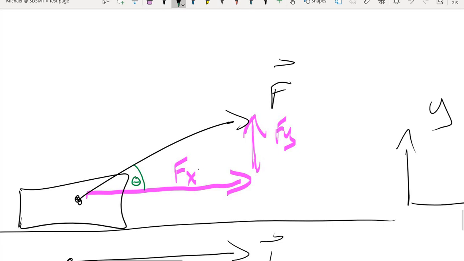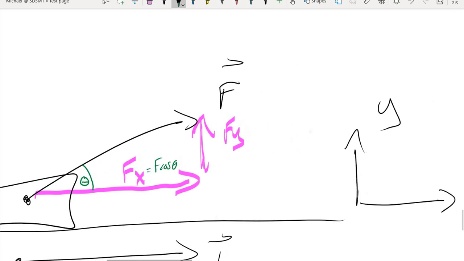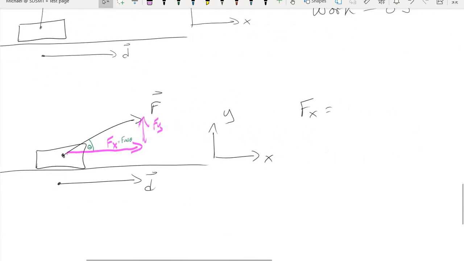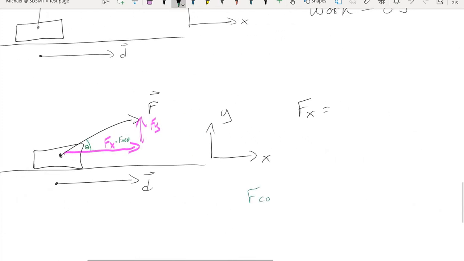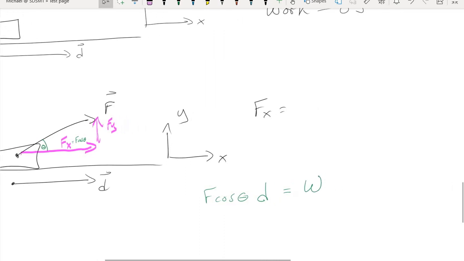And that means that the x component would be F cosine theta. That component of the force could then be applied along the direction of d, and it could provide some work. Question is, how much work?